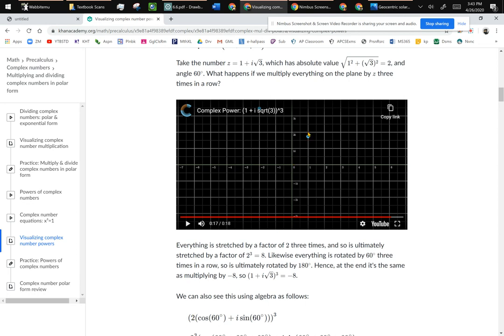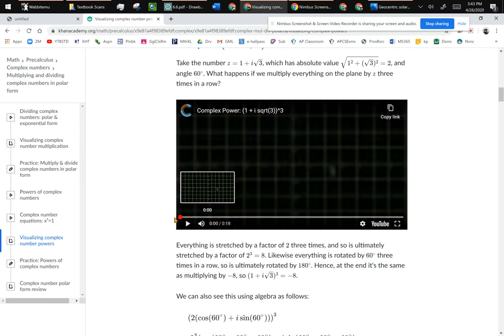So you can say it's the radius, it's the modulus of the complex number, it's the hypotenuse of the reference triangle, right? So let's take a look at this video starting from the beginning.